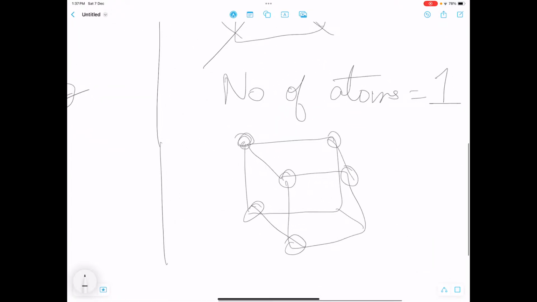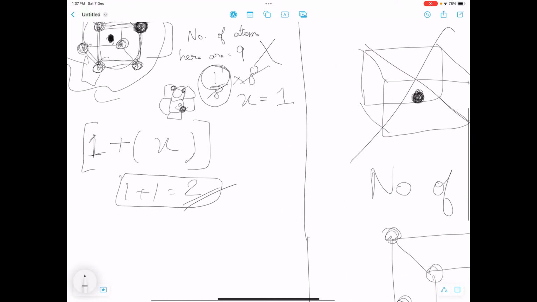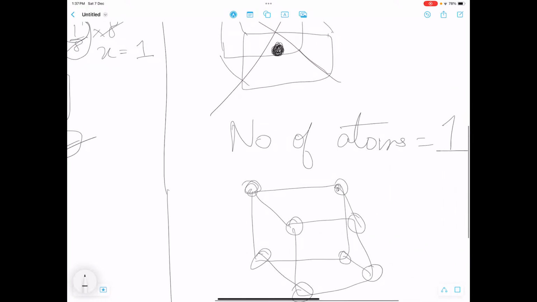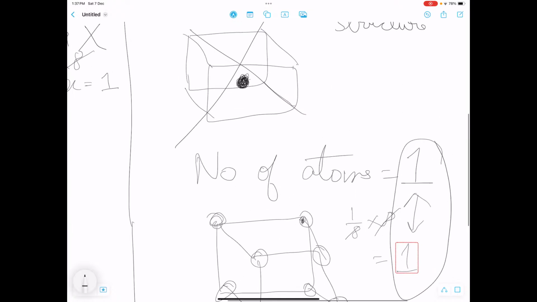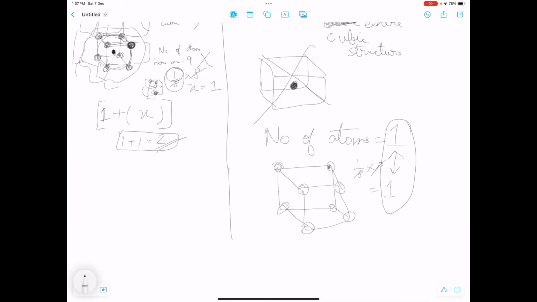On every corner there is 1 atom, and each has 1/8 of an atom, and like this there are 8 corners. Cancel, therefore it makes 1. This is that one, not in between. This is simple cubic structure.